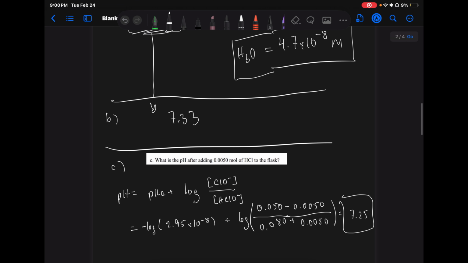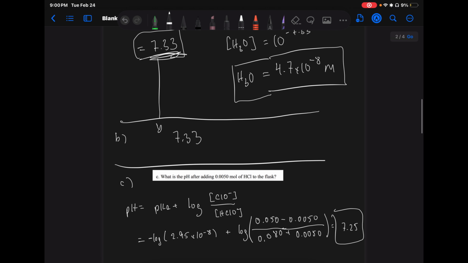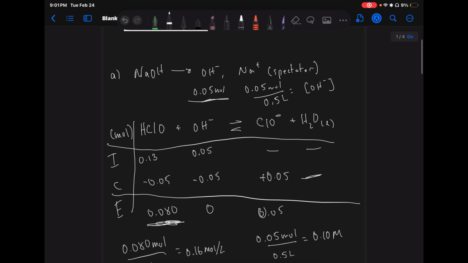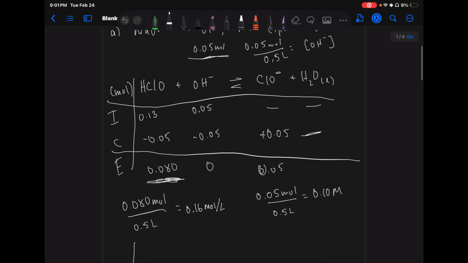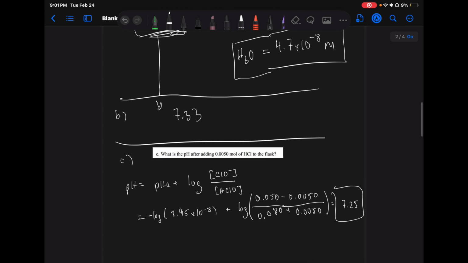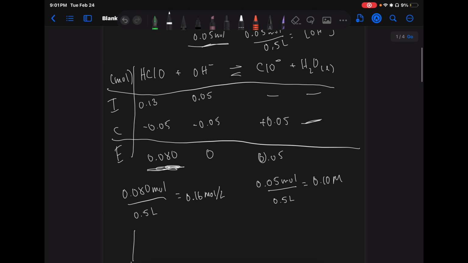I hope that last part made sense. We're adding 0.0050 moles of HCl. HCl is an acid, so the acid will react with the base portion of the buffer. We have a concentration of 0.050 for the base, because that's the amount of base we have in our equilibrium buffer solution.